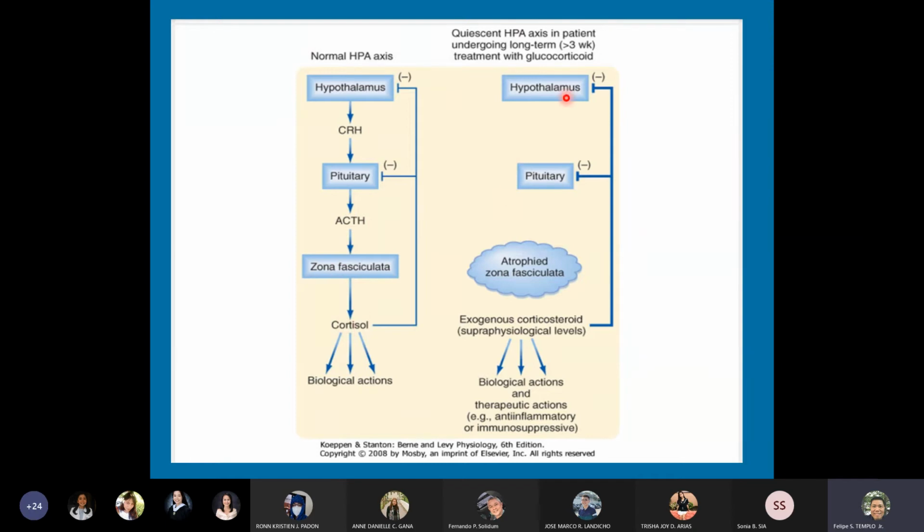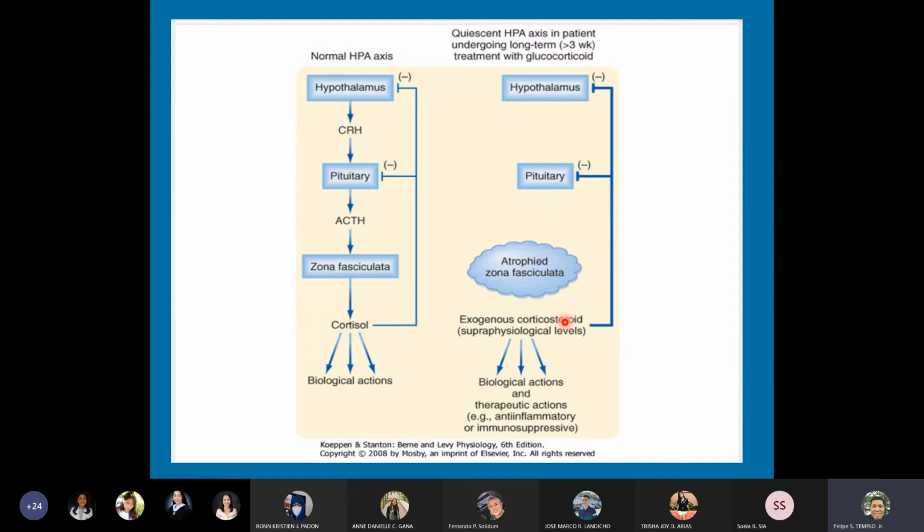Now take note of what happens in a patient if you take cortisol beyond 3 weeks. You will develop so-called exogenous corticosteroids or supraphysiological levels. You will have an atrophied zona fasciculata.